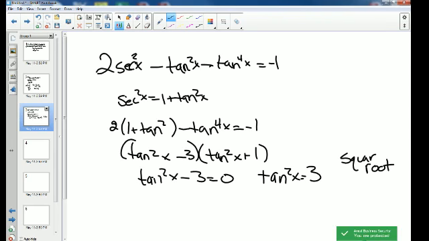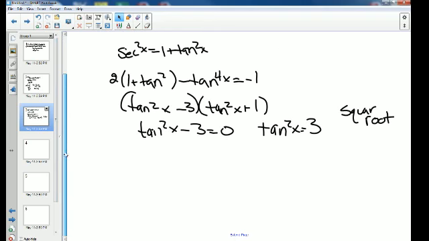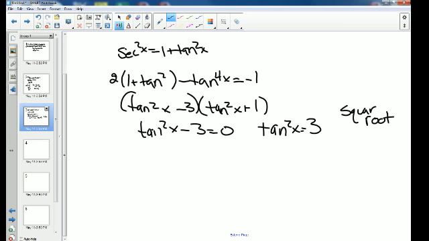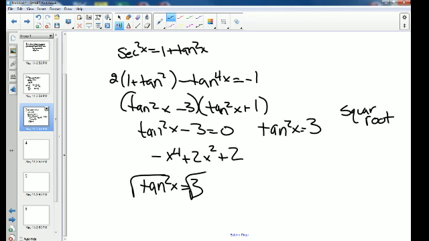It's a lot like negative x to the fourth plus 2x squared plus 2, which is easier to do. So you get tan x equals the root of 3.